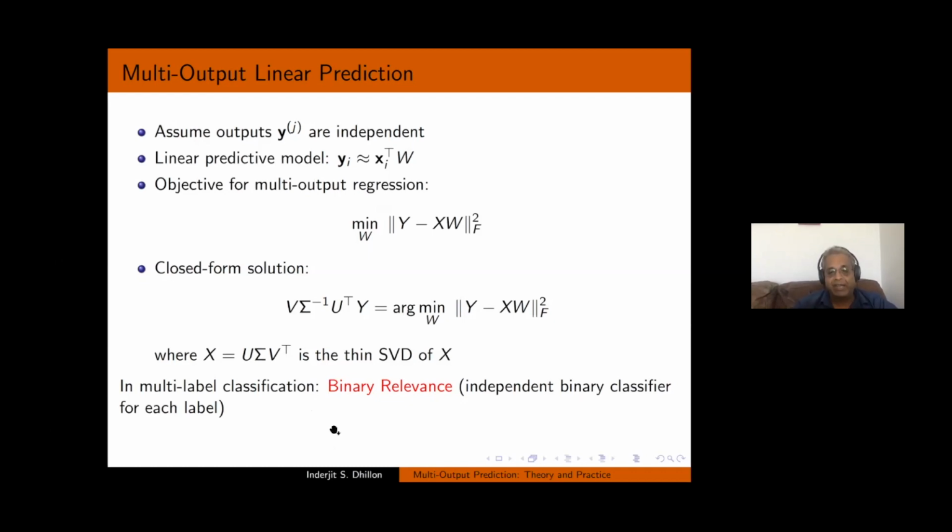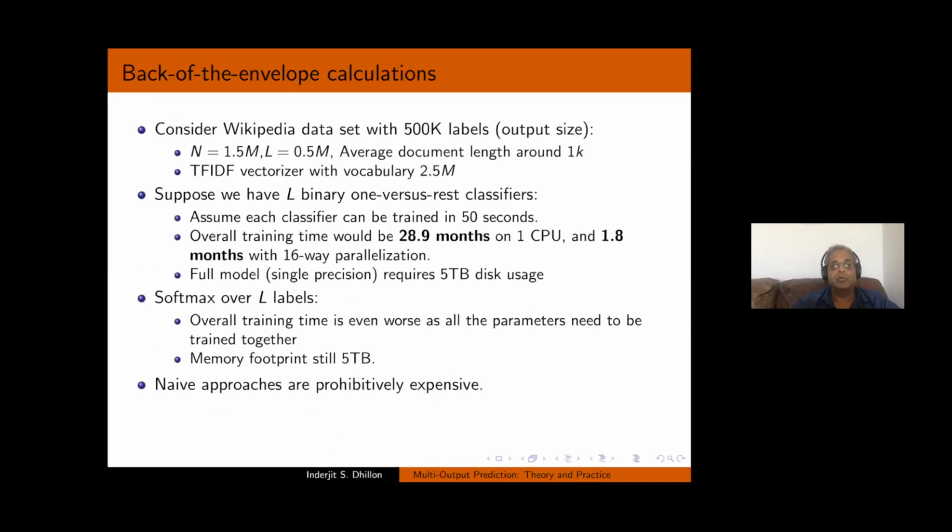For the scale of problems that we are interested in, let's do a back of the envelope calculation. Let's consider a small subset of Wikipedia. This is a Wikipedia data set that is available in the public domain, pre-processed and so on. It has about 500,000 labels.